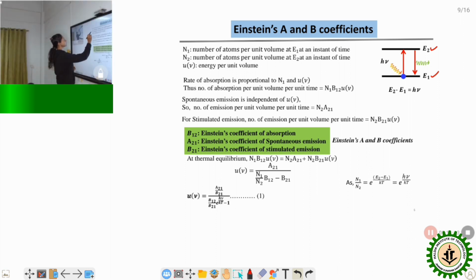Here N1 is the number of atoms per unit volume at any instant of time t.